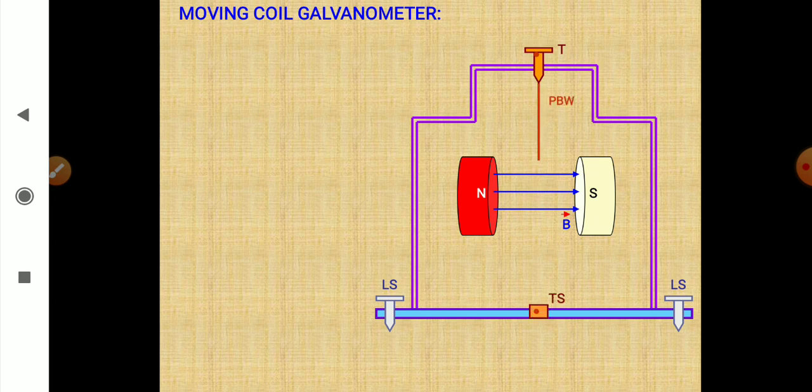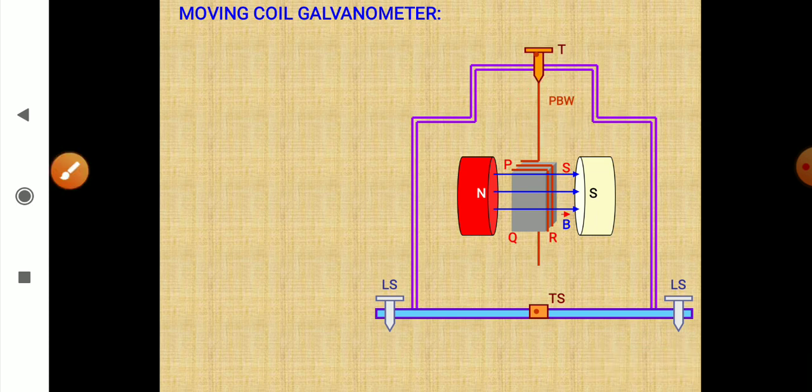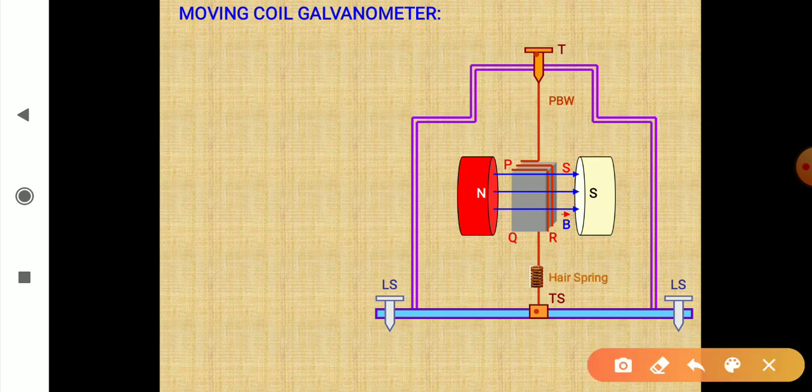And then we have a magnetic coil suspended between these poles with the help of a wire. And this wire is a very special wire. It is called phosphor bronze wire. And then it is attached to a hairspring and connected to this terminal.